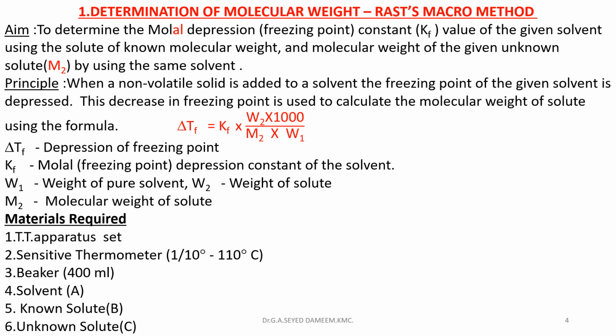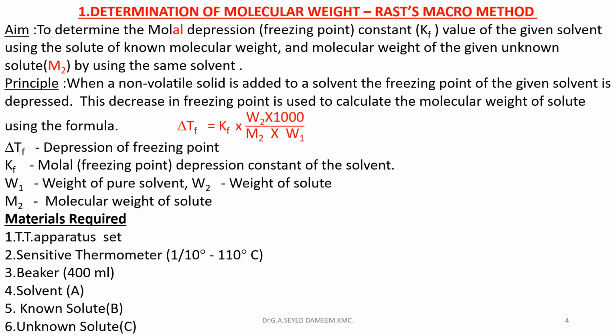By this experiment, using the known solute, we determine the freezing point of the pure solvent and of the solution of solvent and known solute. Delta Tf is equal to T1 minus T2, where T1 is the freezing point of the pure solvent and T2 is the freezing point of the solvent plus known solute.